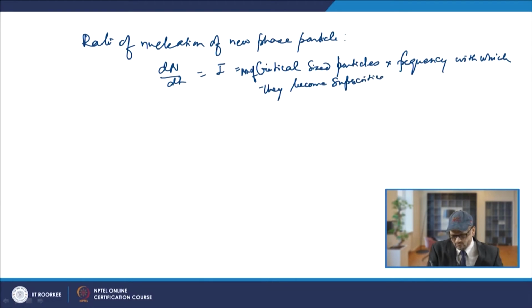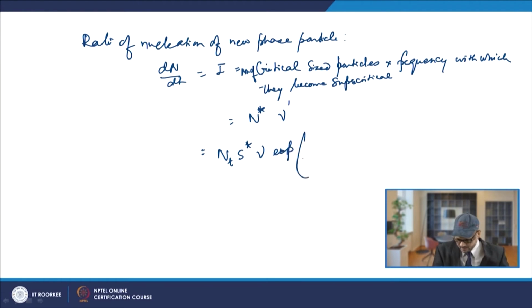Supercritical. So, we have got the expression for that, and it will be N star nu prime. So, it will be N_t S star nu exponential minus of delta F star plus H_D divided by RT.